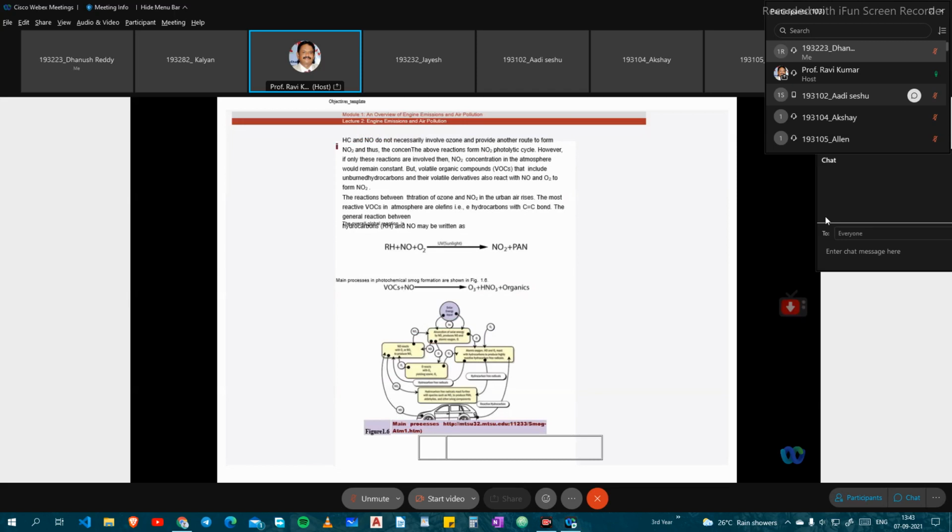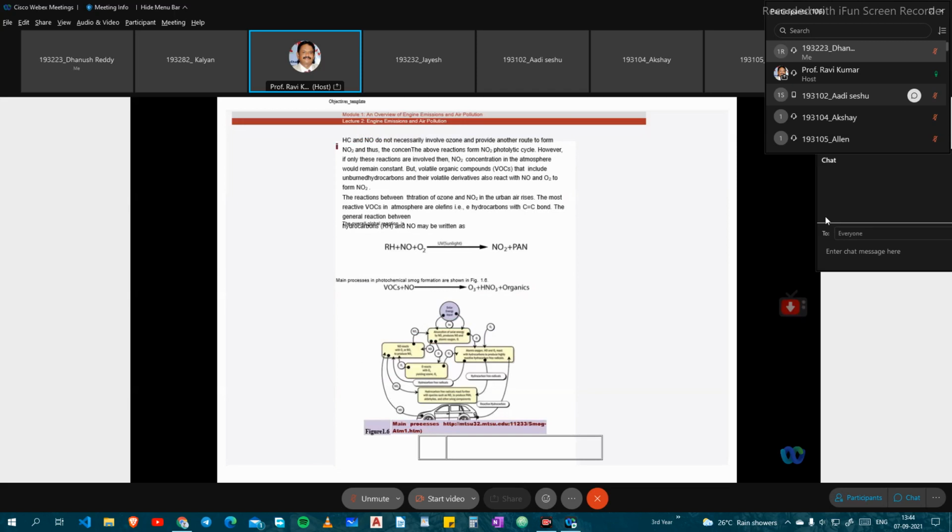However, if only these reactions were involved, then NO2 concentration in the atmosphere would remain constant, but volatile organic compounds (VOCs), which include the unburnt hydrocarbons and their volatile derivatives, also react with NO and O2 to form NO2. This is actually the photochemical reaction, and with the ultraviolet rays and the outside air it uses the reactions and depletes the ozone layer.